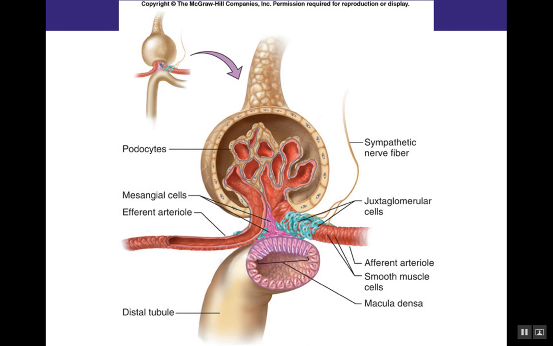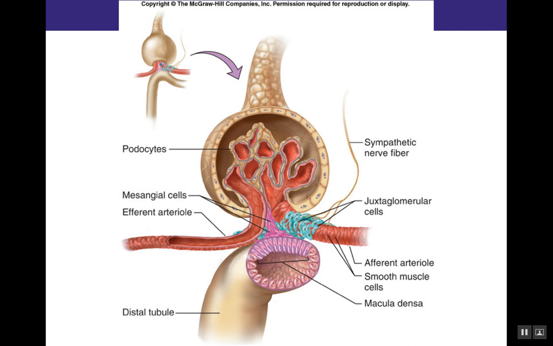However, it also works the opposite. If the flow through the distal tubule is way too slow, the same effect occurs. The smooth muscle cells that surround the afferent arterioles also constrict. And the logic behind that, when you're trying to learn this, is if you have such low blood pressure and the flow is so slow through the distal tubule, you don't want to lose any more fluid to your environment.